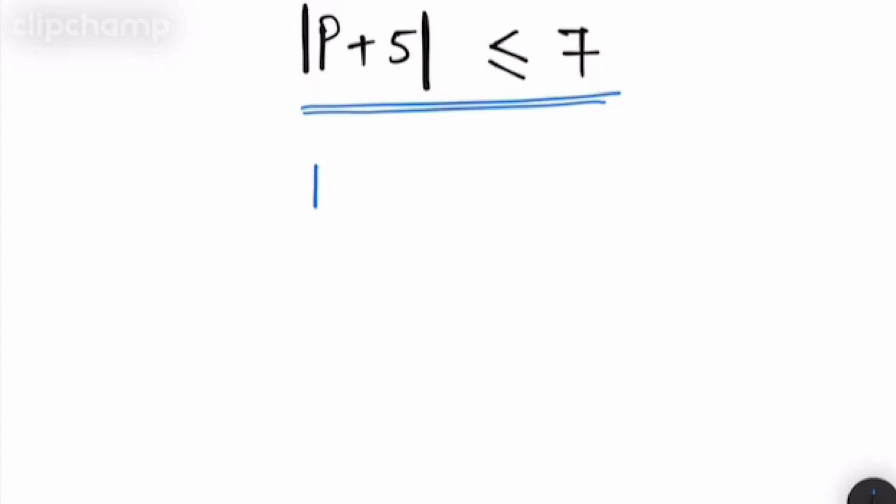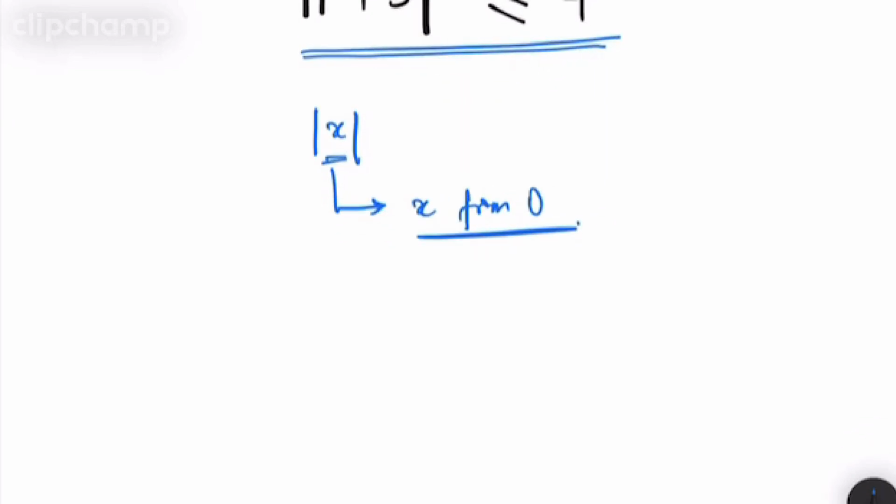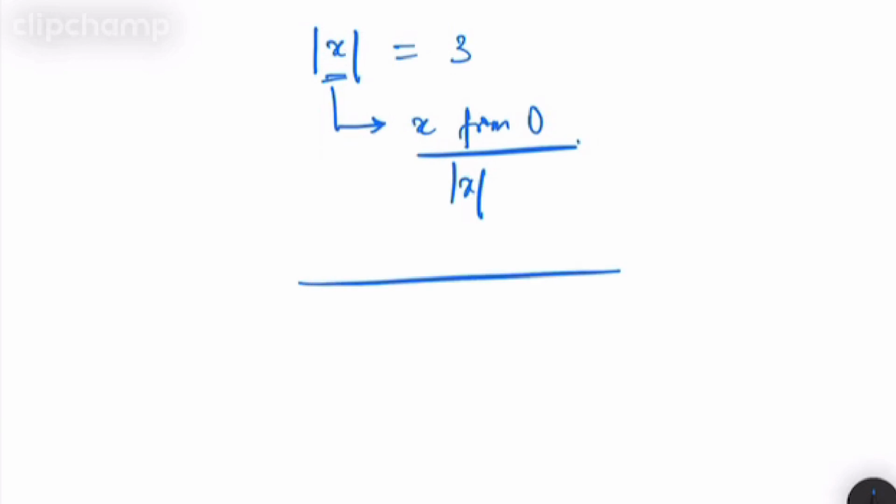So when we say mod of x, mod of x is nothing but the distance of x from number 0, and it is called mod of x. So if mod of x is, let's say, 3, on a number line we can represent this value as, we will show here 0, and this value can take either plus 3, that is the value of x, or minus 3.